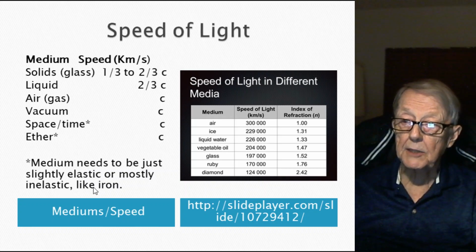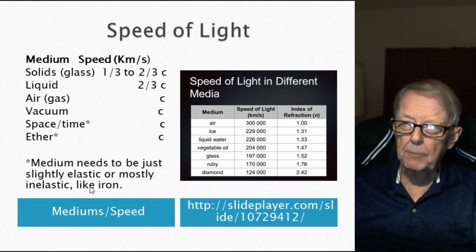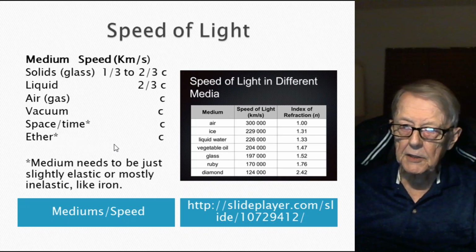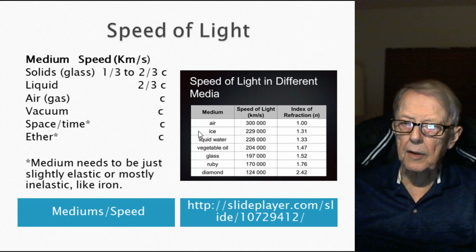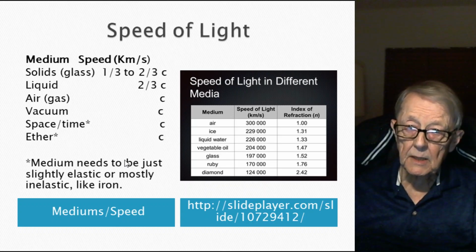I realize space is not iron, but it's barely compressible, and if it is slightly elastic or mostly inelastic, the idea is that light can travel at speed c going from the sun to the earth. So that's the speed of light.